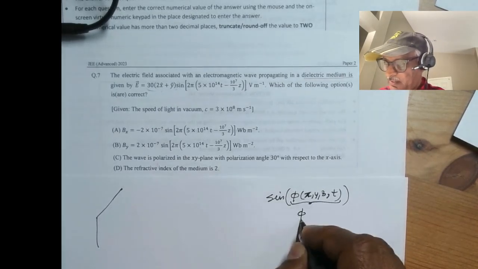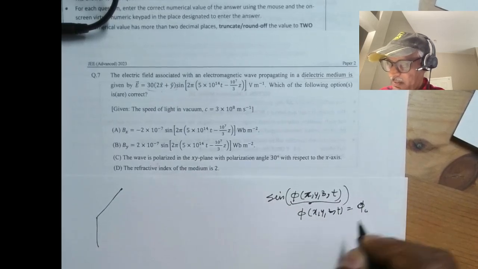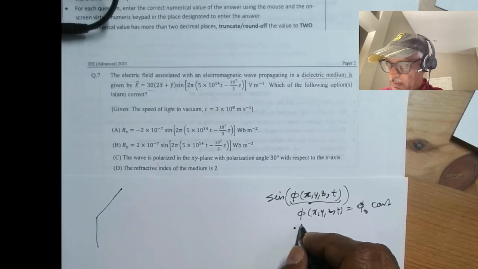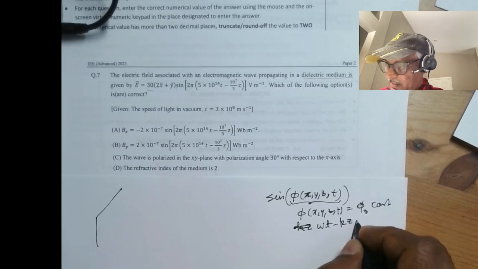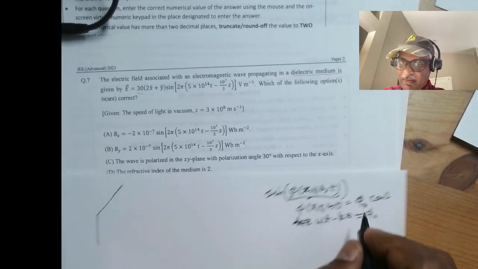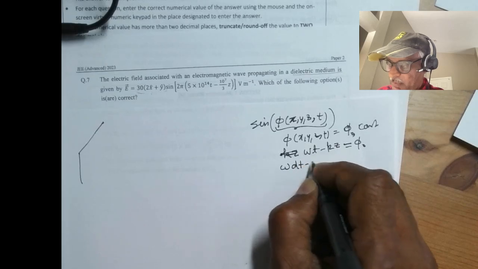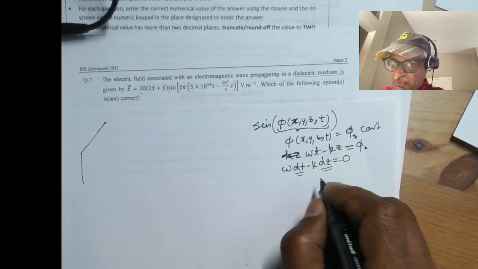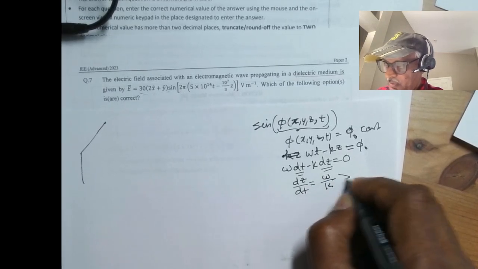So you can set the phase equal to some constant, which here happens to be omega t minus kz equals phi 0, and if you hit it with the differential d, omega is constant, dt minus k dz equals 0. So dz over dt is which way the wave is going. Dz over dt is equal to omega over k, which is greater than 0.